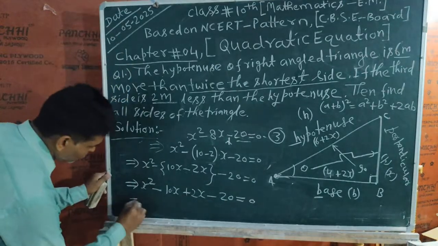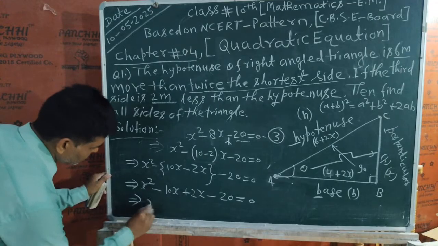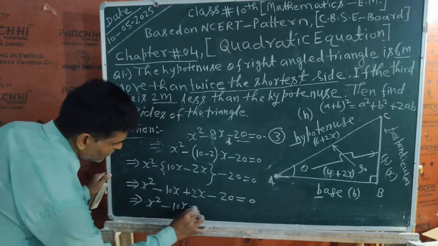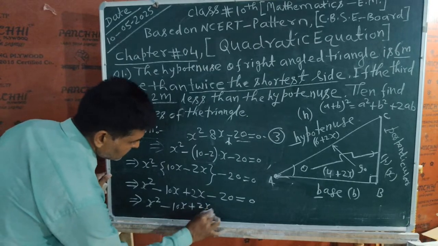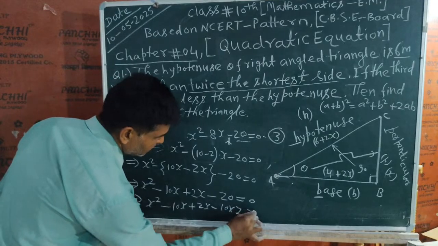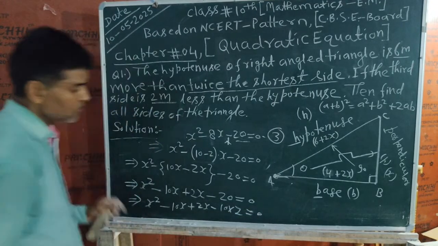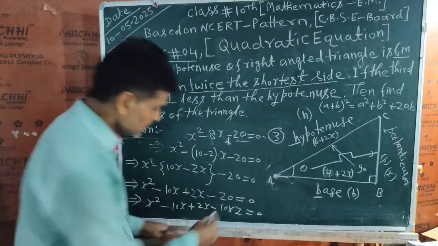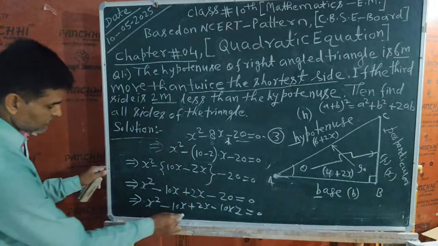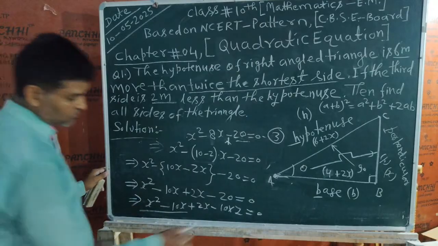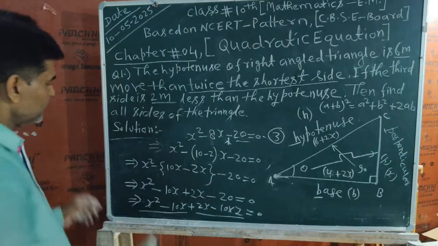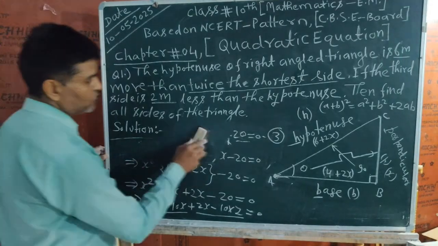So in another form I can also write x square minus 10x plus 2x minus 10 into 2, that will be 20. So 20 can be arranged in this form for taking common. I will take these two terms together and these two terms also together. Okay student, I am going to use this data for further calculation.